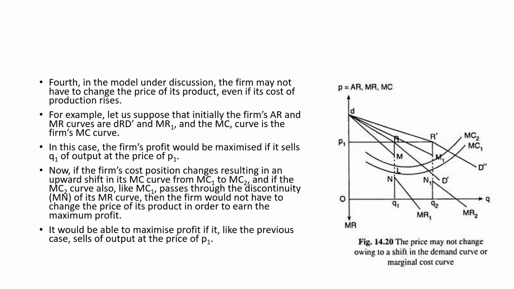Now the firm's cost position changes, resulting in an upward shift in the MC curve from MC1 to MC2. That means there is an increase in the marginal cost of the firm. If the MC2 curve, like MC1, passes through the discontinuity range of the MR curve, then the firm would not have to change the price of the product if its main aim is to maximize profit. It would be able to maximize profit, like the previous case, by selling the output at price P1.